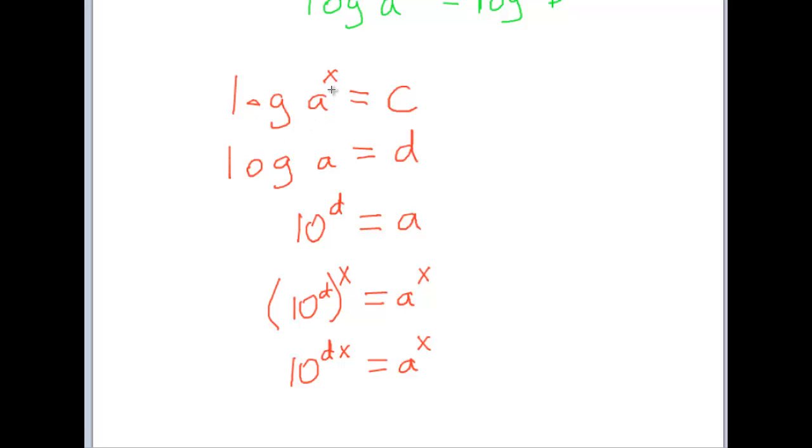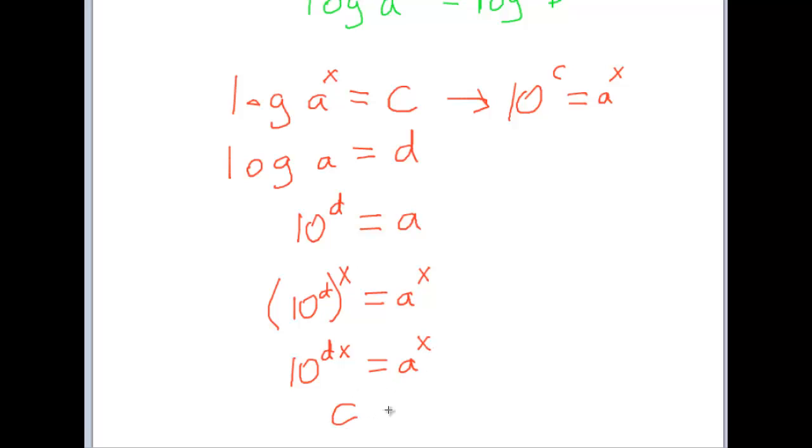This original question said, what 10 to what power is a to the x? Well, 10 to the power of c. This right here says that 10 to the power of c is a to the power of x. But we just said 10 to the power of dx is a to the power of x.